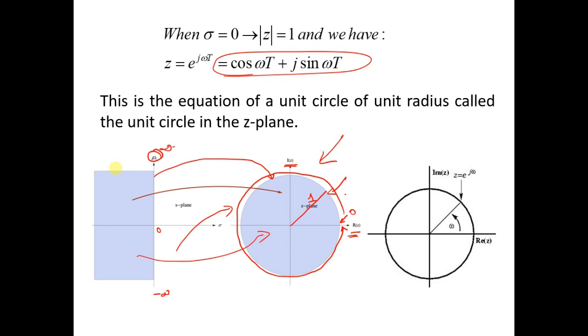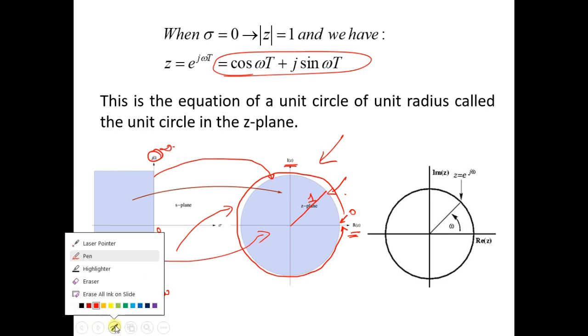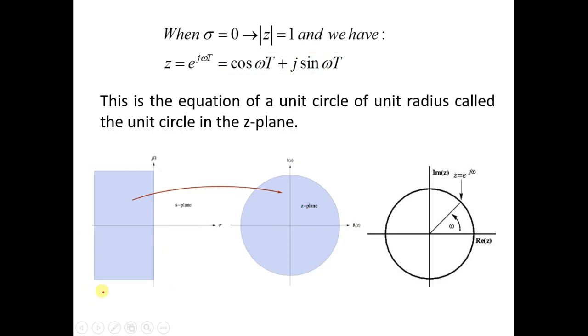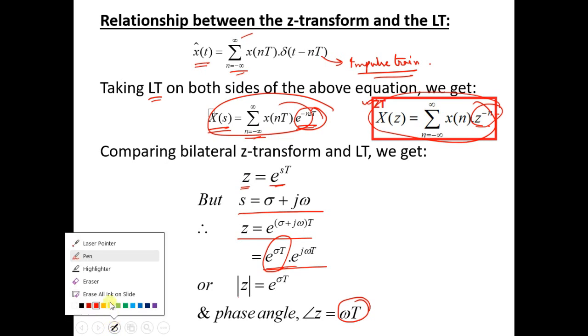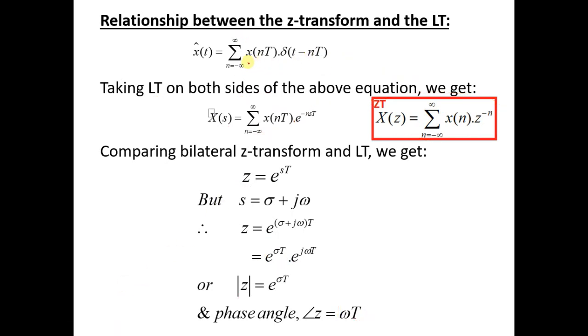So how do you take care of this? If you come to this slide and look at the signal x cap (t), we have two components, x(t) and x(t minus mT).